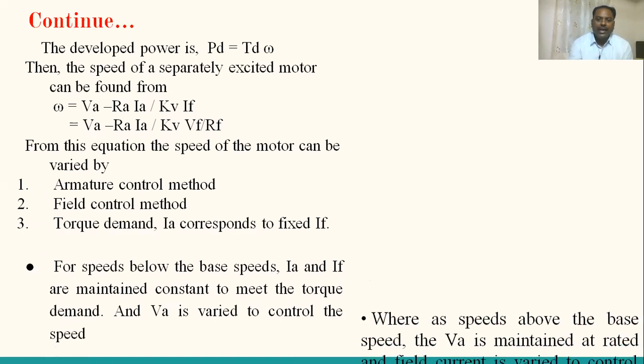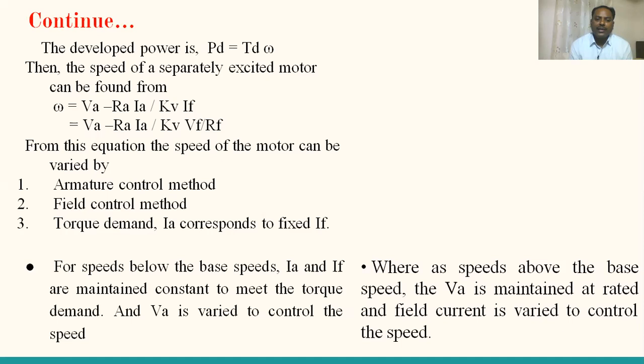Similarly, for speeds above the base speed, you can go for the field control method. For speeds above the base speed, VA is maintained constant and the field current is varied to control the speed of the system.